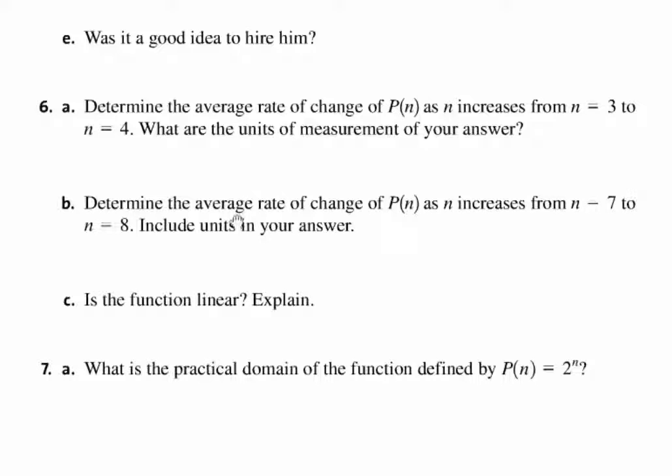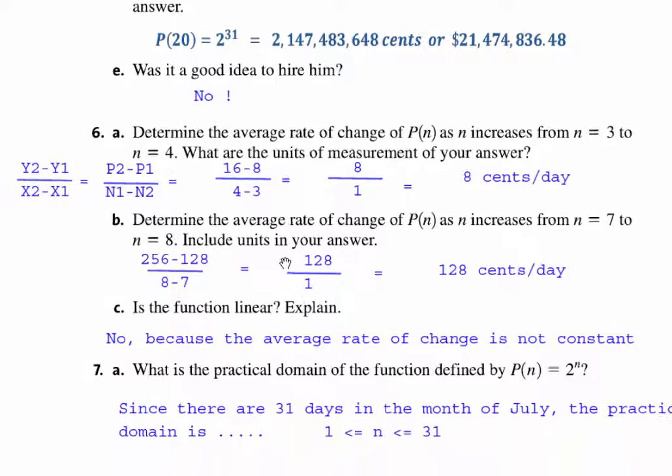For 6a and 6b, they're asking for the average rate of change from July 3rd to July 4th, and then from July 7th to July 8th. So I filled this in, right? Change in output over change in input. Now, instead of using x's and y's, we use the letter P for y and the letter N for x, right? Because P is my output and my number of days is my input.